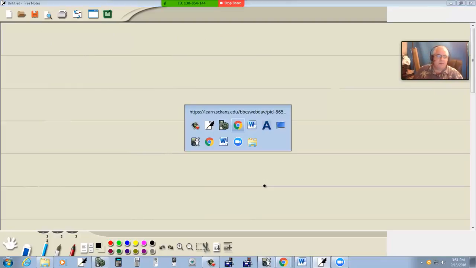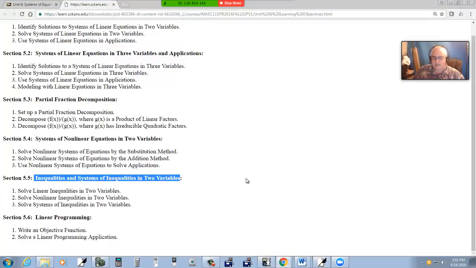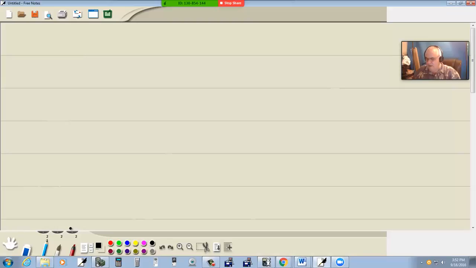And let's talk about the last section, linear programming. And I got an example here out of the book. I got x is greater than or equal to 0. Y is greater than or equal to 0. X plus y is less than or equal to 60.